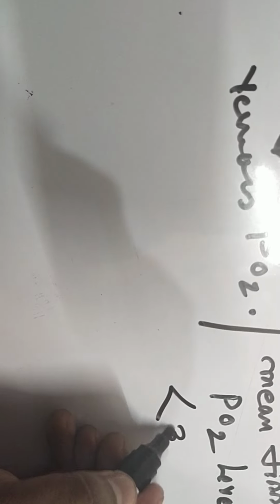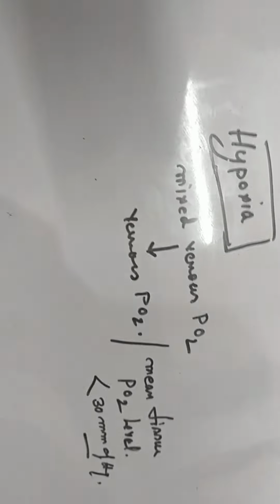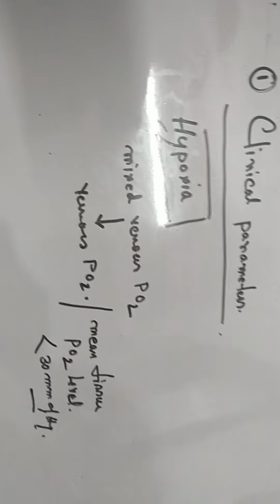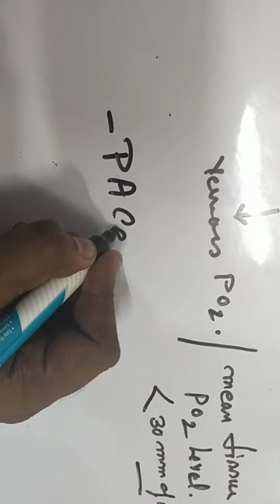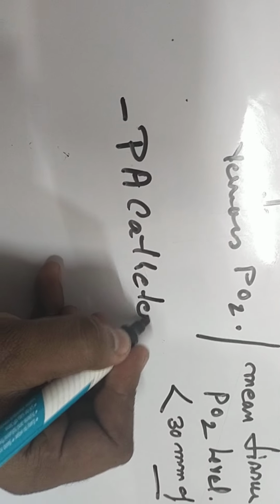The mean tissue PO2 level is less than 30 millimeter of mercury in hypoxia. It should be confirmed by pulmonary artery catheterization.